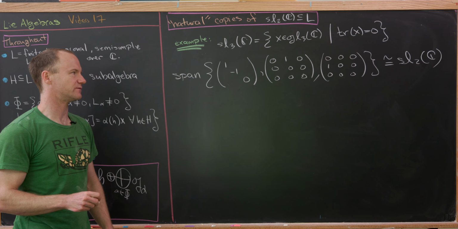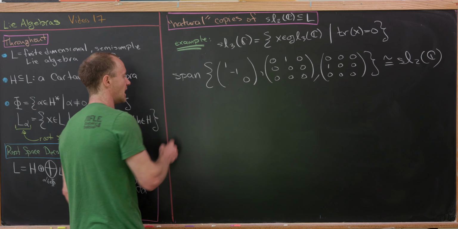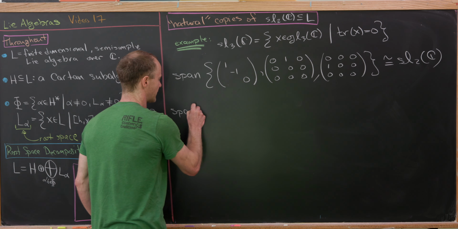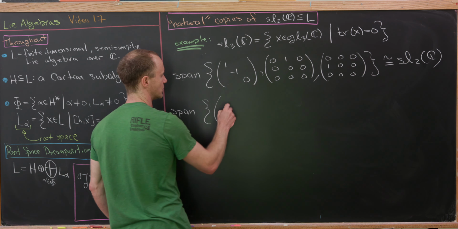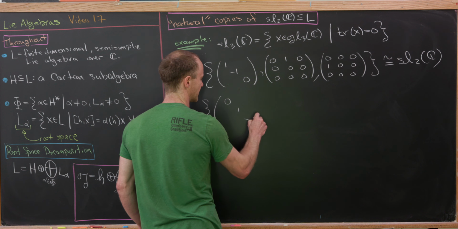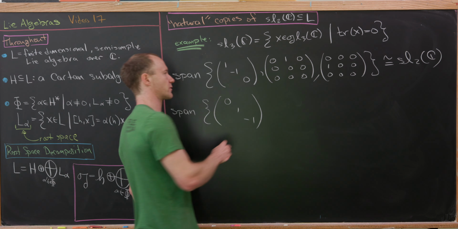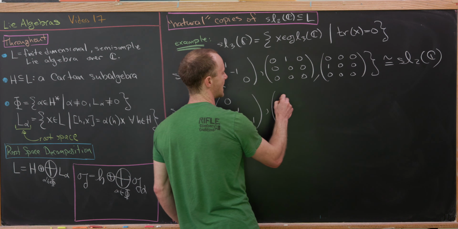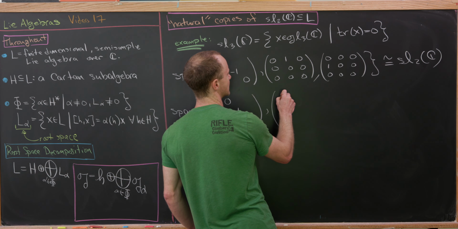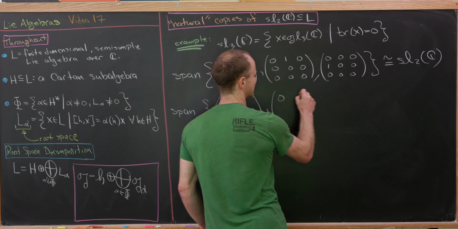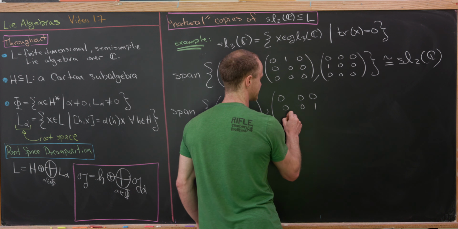In fact, I think we've seen this before. And then maybe we could look at another one. There are actually 3 natural ones here. So the next one would be like this. We've got 0, 1, -1 on the diagonal, 0 everywhere else. And then we have, let's see how it goes, 0, 0, 0, 0, 0, 1, 0, 0, 0.